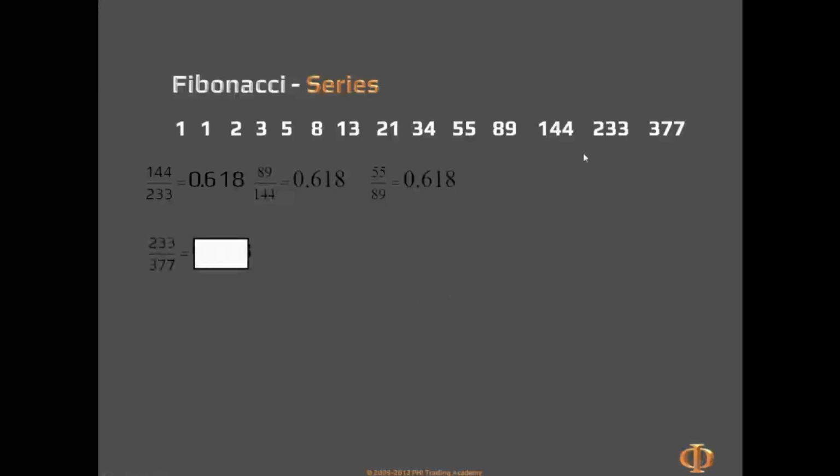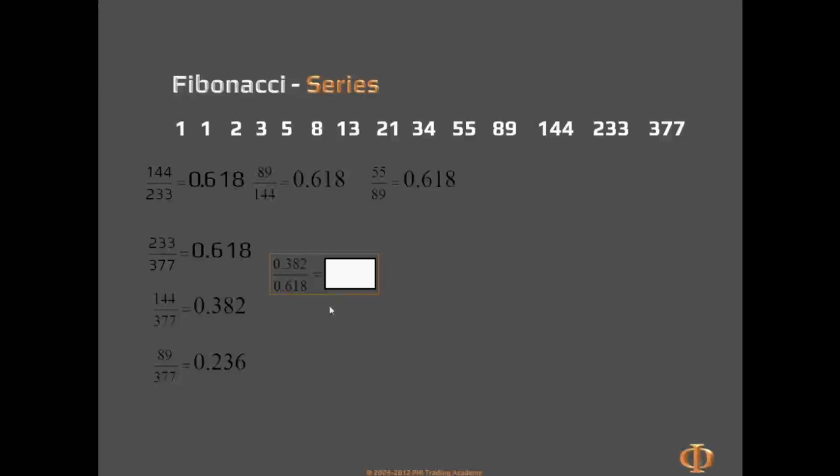Of course, if we divide 233 by 377, again we get this number. Now I'm going to leave one empty in the middle and divide 144 by 377. When you do that, you get 0.382. And when you leave 2 in the middle and you do 89 divided by 377, you get 0.236.